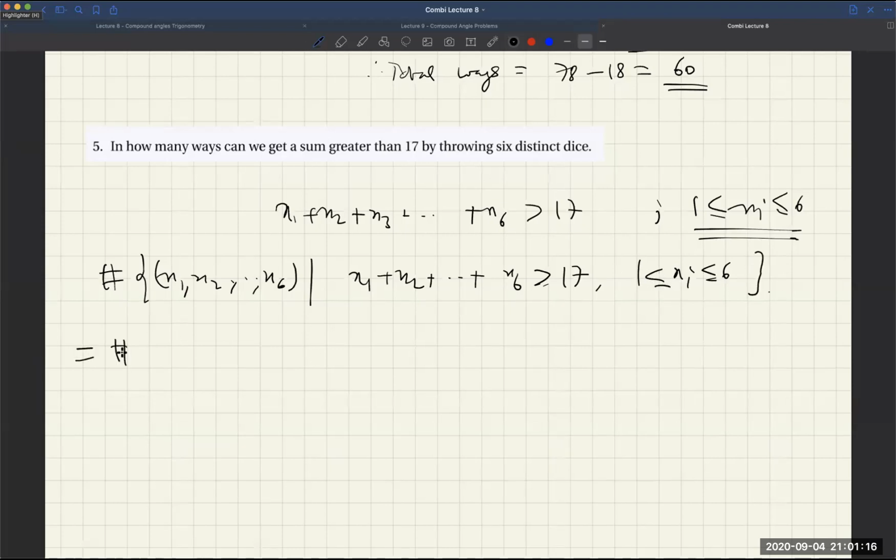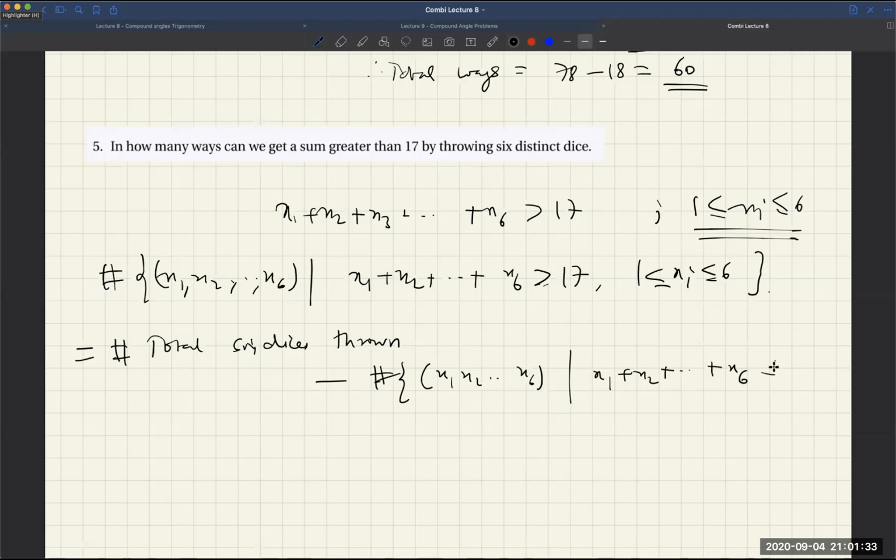So this problem will be total cases with 6 dice thrown, minus total number of cases such that x1 plus x2 and so on till x6 is less than equal to 17. Can I say this? Greater than 17 means the complement is less than equal to 17. I hope this is very clear.